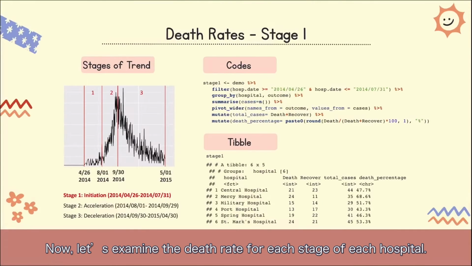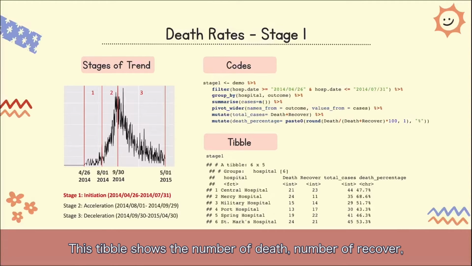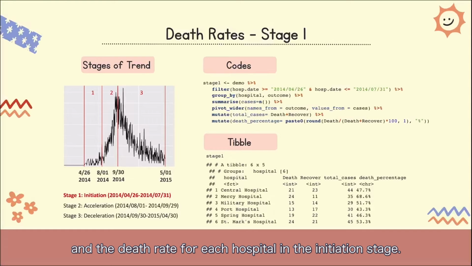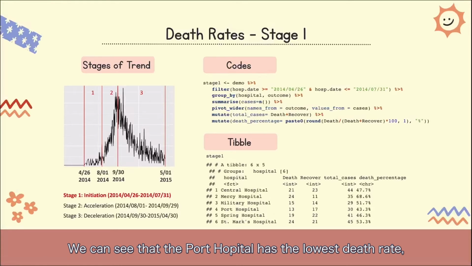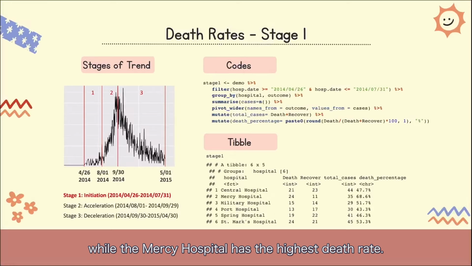Now, let's examine the death rates for each stage of each hospital. This table shows the number of deaths, number of recovery, and the death rates for each hospital in the initiation stage. We can see that the Port Hospital has the lowest death rate, while the Mercy Hospital has the highest death rate.